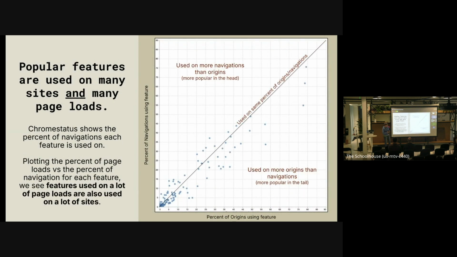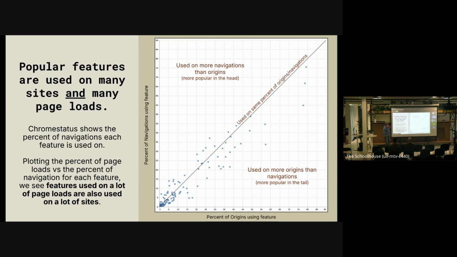Another question that people ask a lot: the web has this power law distribution where the top sites are really, really popular, and then there's lots and lots of sites that are less popular. On Chrome status, as you may know, we have a chart for each feature that shows the percent of navigations that feature was seen on. And a lot of people say, but what if that's just one site? We don't know what the sites are.